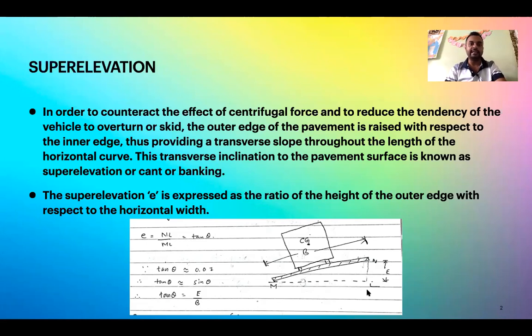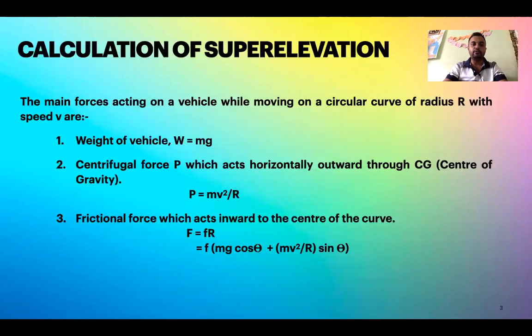The super elevation guidelines say that the value of e should not be greater than 0.07, because if your calculation says that you have to give a very high amount of super elevation according to the design speed, that will not give a comfortable ride to the passengers of the vehicle. So we will not give that much super elevation. We'll give super elevation of 0.07 and we will restrict the speed limits. Okay, so let us move forward.